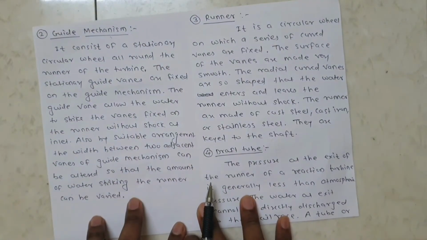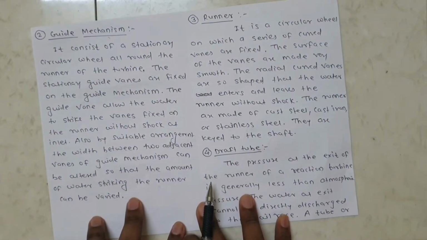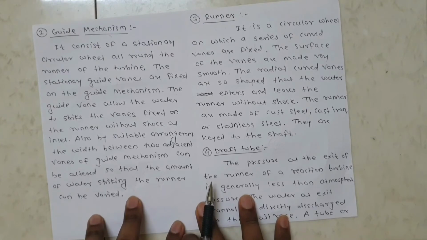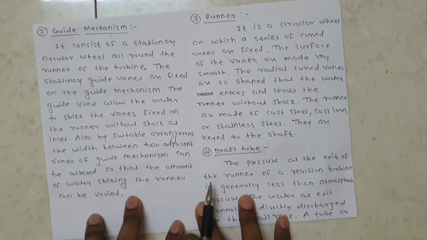The radial curved vanes are so shaped that the water enters and leaves the runner without shock. The runner is made of cast steel, cast iron or stainless steel. It is keyed to the shaft.